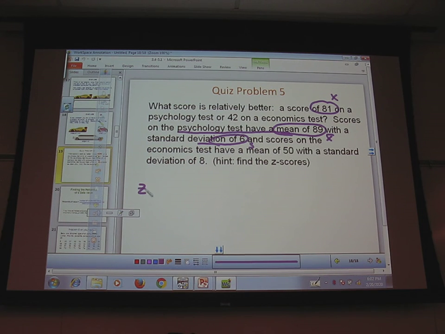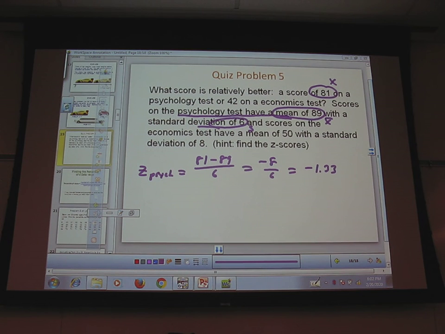So here my z-score for psychology is going to be my value, 81, minus the mean, 89, divided by standard deviation, 6. Negative 8 over 6, negative 1.33. Usually we go to 2 decimal places for z-scores. And then we can take a look at econ.